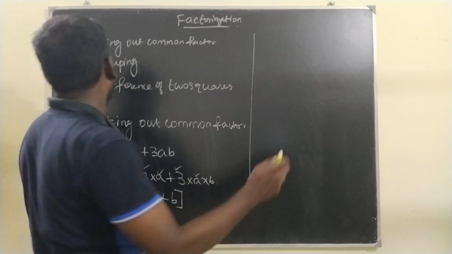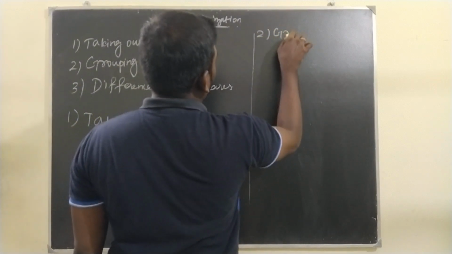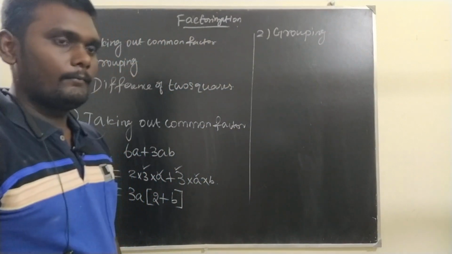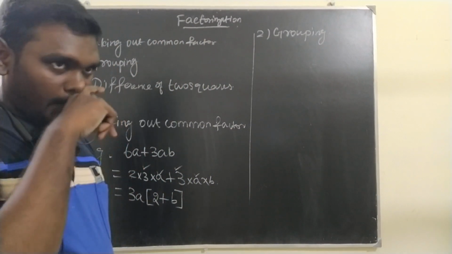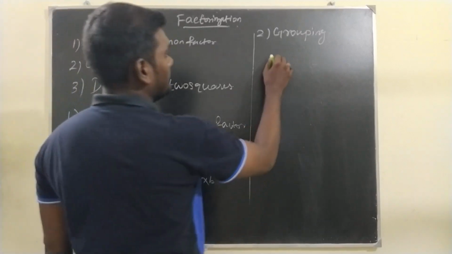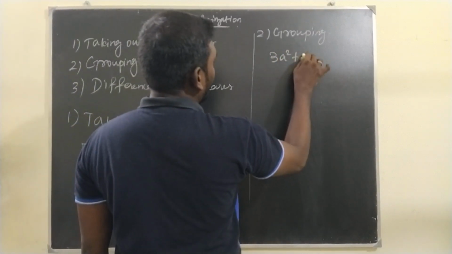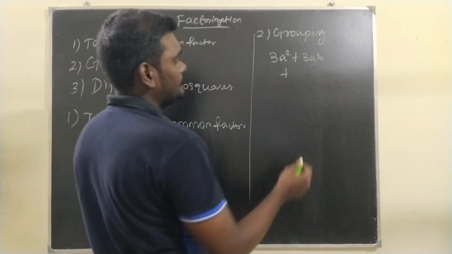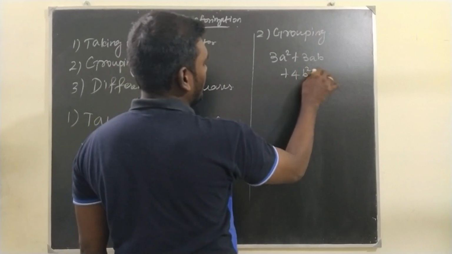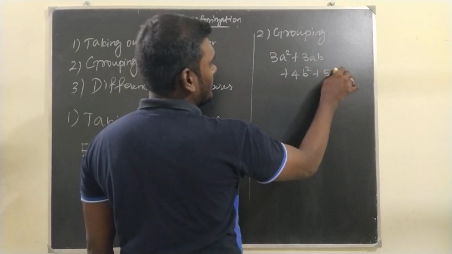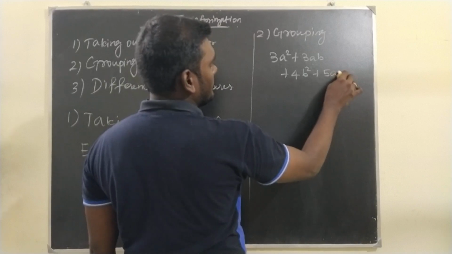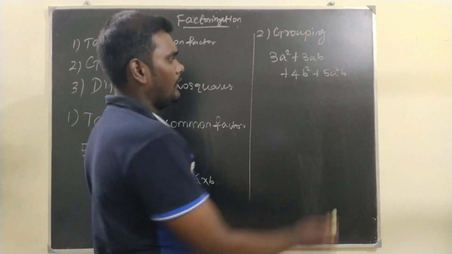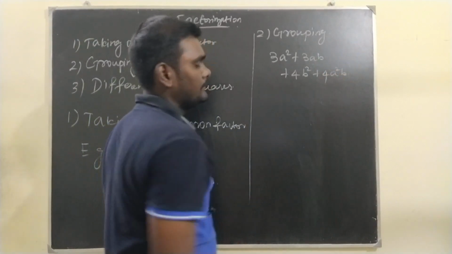Sometimes the grouping method we can apply. 3a square plus 3ab plus 4b square plus 4a square b. Not 5, let me take 4 instead.